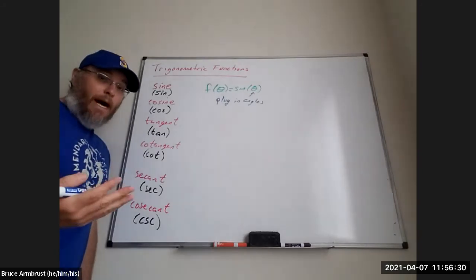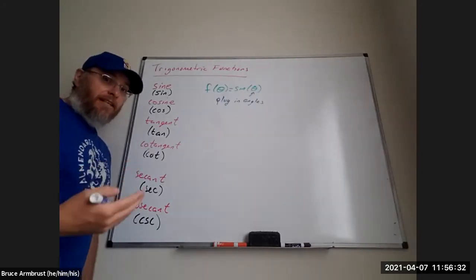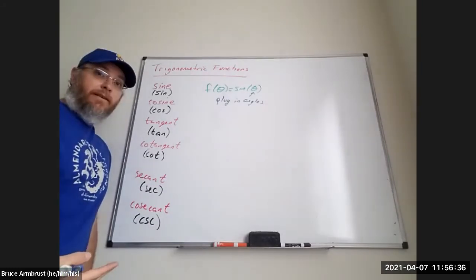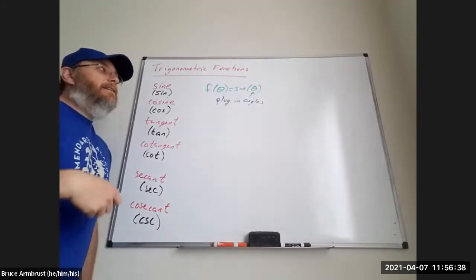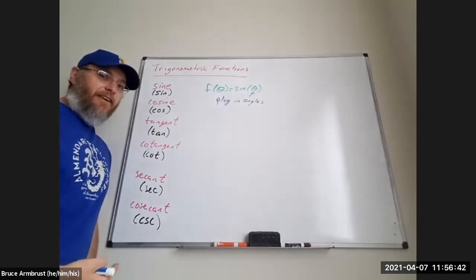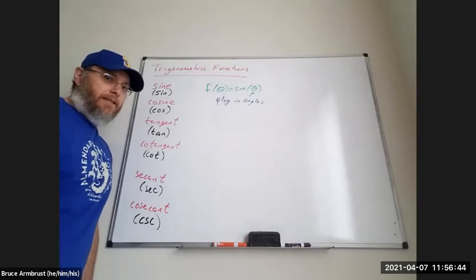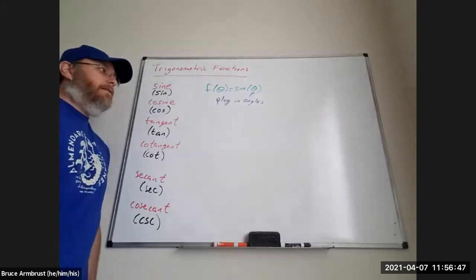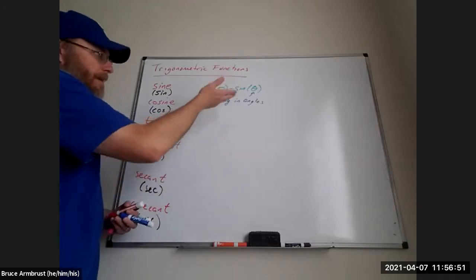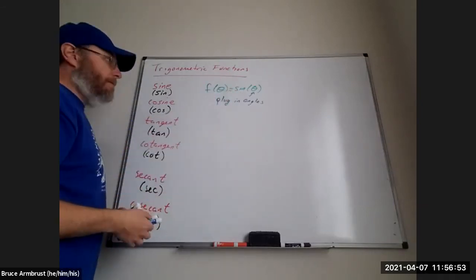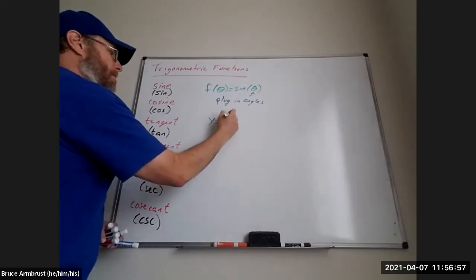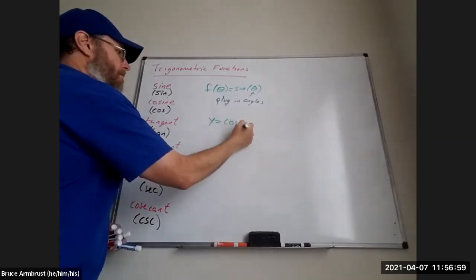Now, if you ask me why, I'm just going to tell you because that's how they're designed. They were designed as functions of angles. And I'll show you that in just a second, like how they're defined. All right, so you're going to see that, but it won't always be written as theta. Like you might see something like y equals cosine of x.